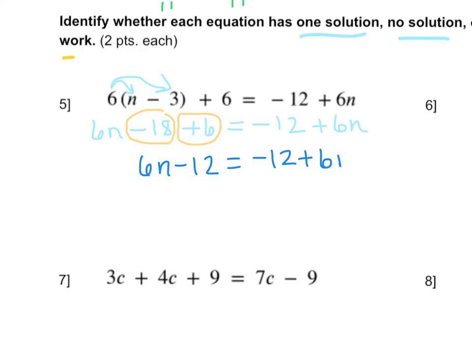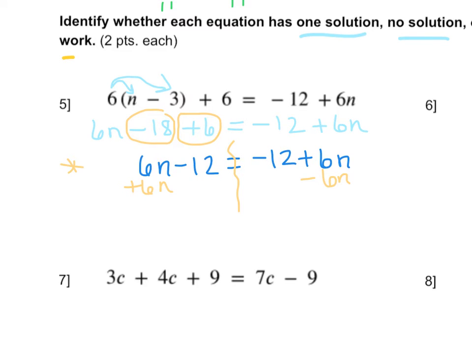Okay. Now, you may recognize that both sides are equal to each other, and we do have twins. So that should be hinting to you what kind of solution we have here. But let's continue to solve. Let's get our variables together next. Because I'm going over the equal sign, I have to do inverse operations.